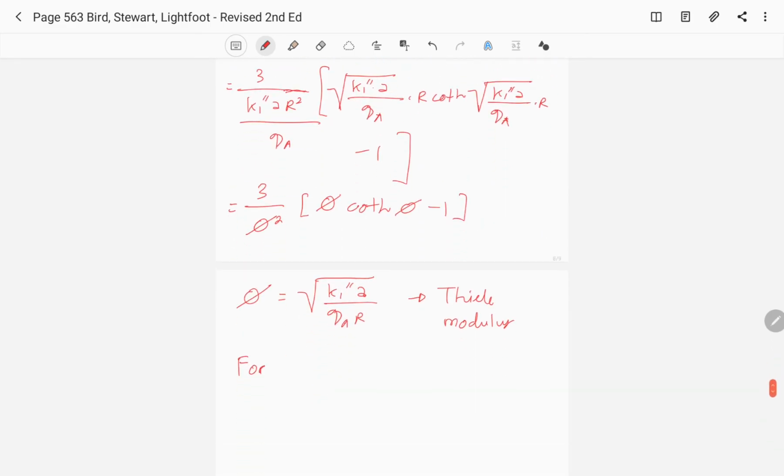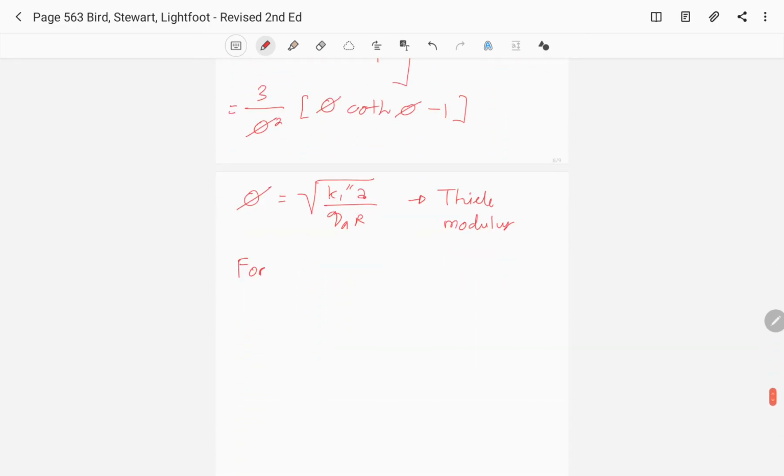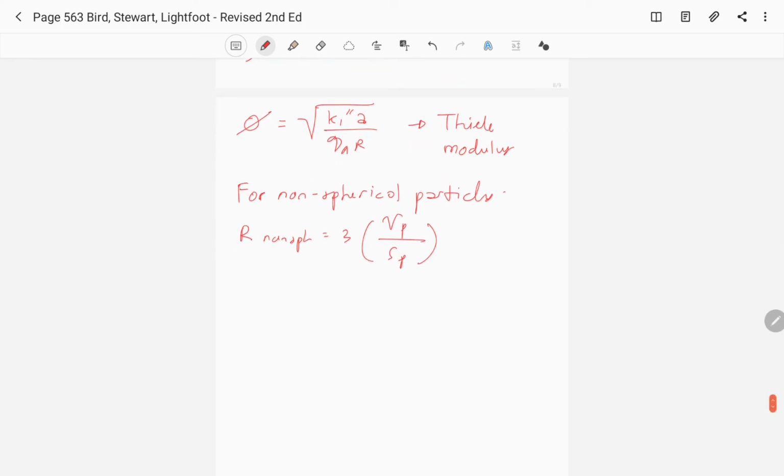But let's say if the particle is not spherical, then we need to account for this fact. R for non-spherical will be equal to 3 times the volume of the particle divided by the surface of the particle.